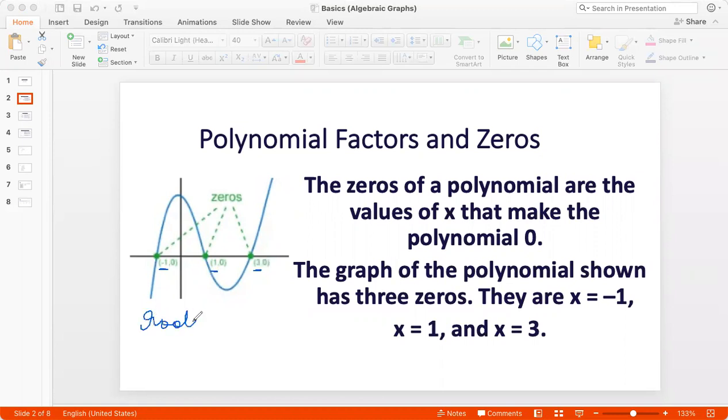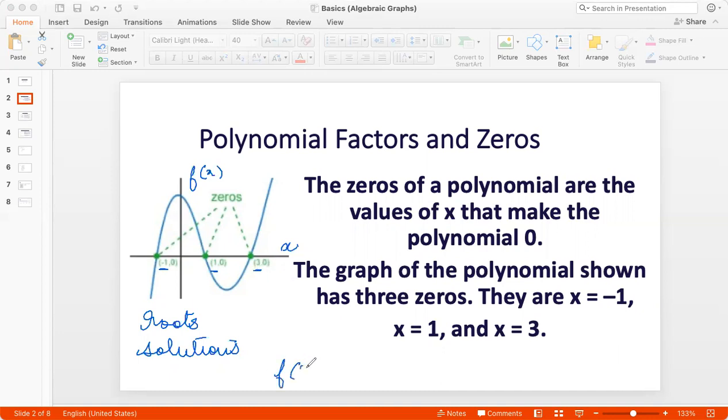Remember, the word roots here is the same as the word solutions for the function, right? Which is to say that if I were to plot this, let's say this is the function f of x, and this is x, then this function would take a value 0 when x is -1, when x is 1, and when x is 3.